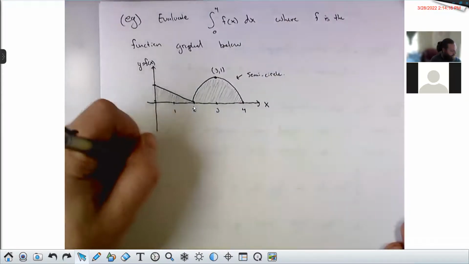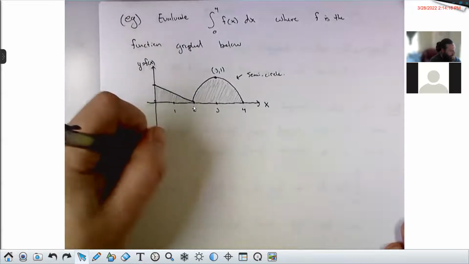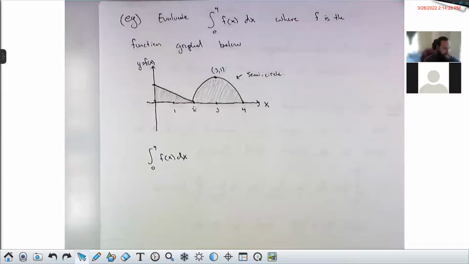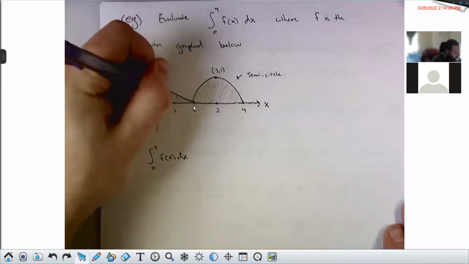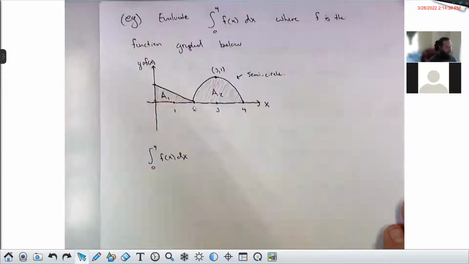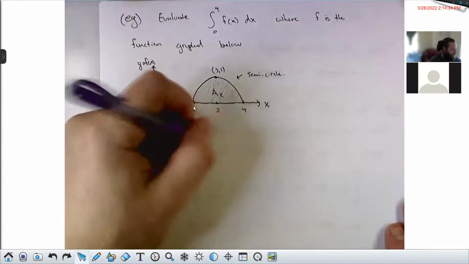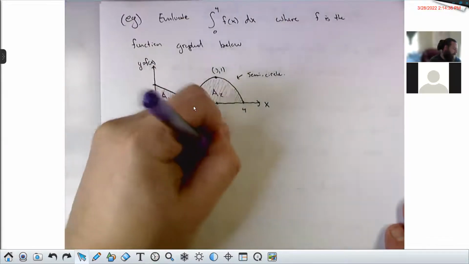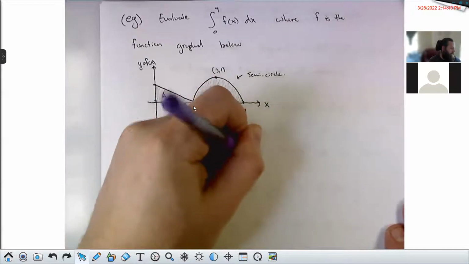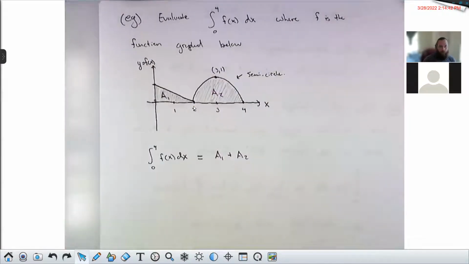So the integral from 0 to 4 of f of x dx, if I give these guys names, maybe I call this area A1 and this area A2, then this would be the area A1 plus the area A2. And each of those we can figure out using some straight geometry.